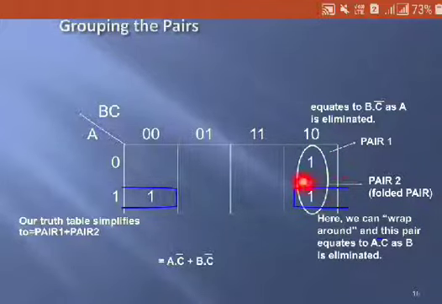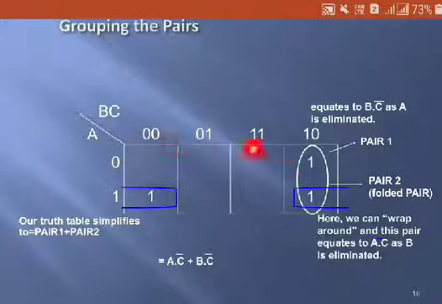Next, coming to pair 2. This and this can be paired together because gray code is a cyclic code, so you can pair 0 0 with 1 0. That's why this one and this one can be paired together. What term is it eliminating? A will be there in both 0 0 and 1 0.